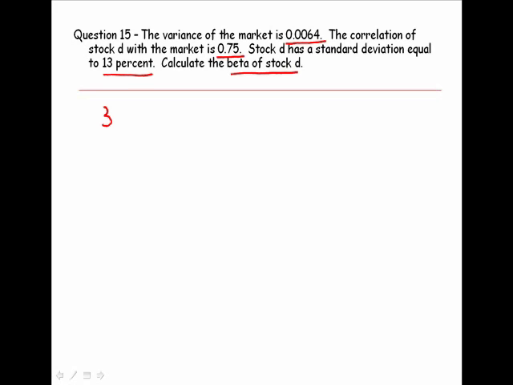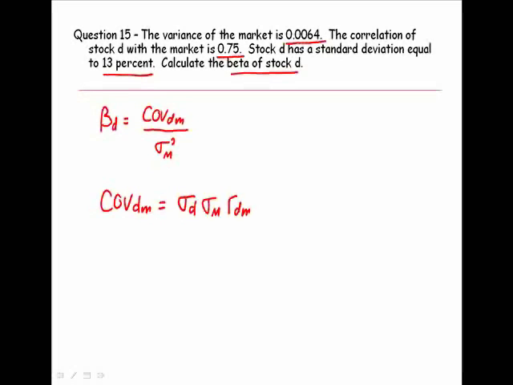The beta for stock D will be equal to the covariance of stock D and the market divided by the variance of the market. Let's again solve for the covariance. This covariance will equal the standard deviation of asset D times the standard deviation of the market times the correlation between asset D and the market.